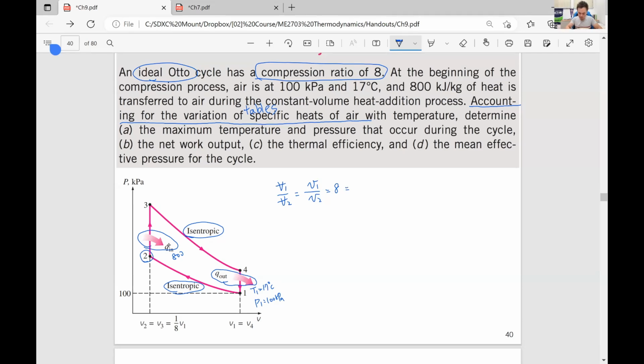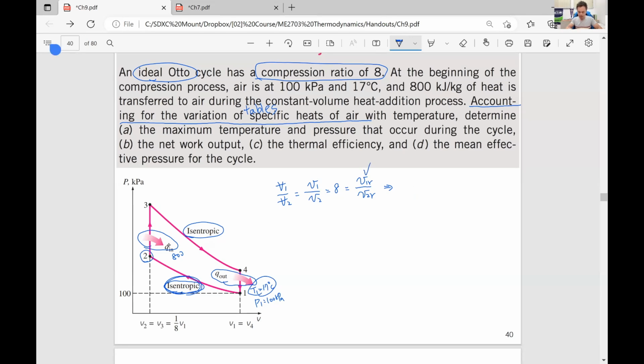And we know process 1 to 2 is an isentropic compression. So the specific volume ratio is the same as the relative specific volume ratio, V1R over V2R. Then T1 is given, so we can know V1R by looking at the table.